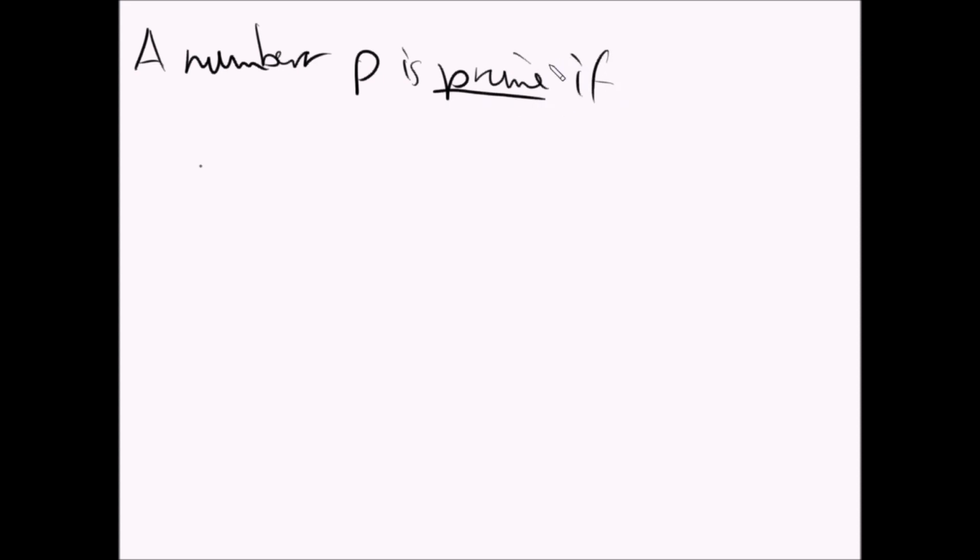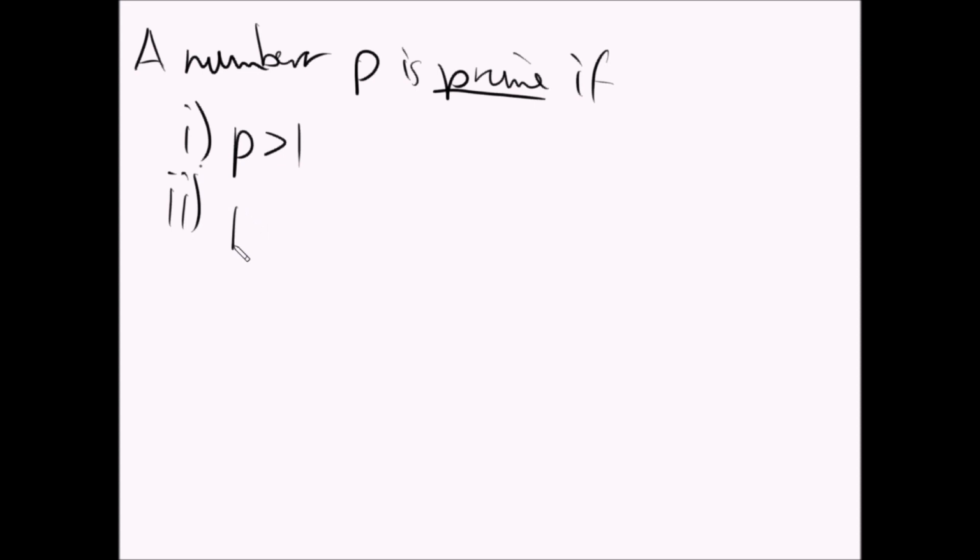Okay, so we'll define prime numbers now. So a number P is prime if there are two conditions that must be met. First of all, P must be greater than 1.